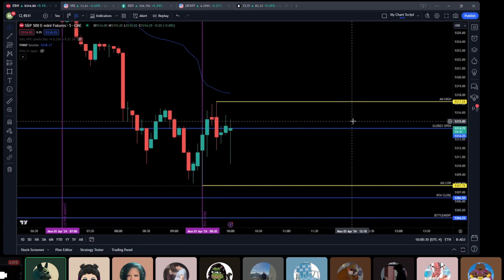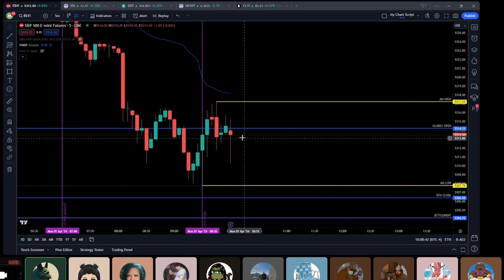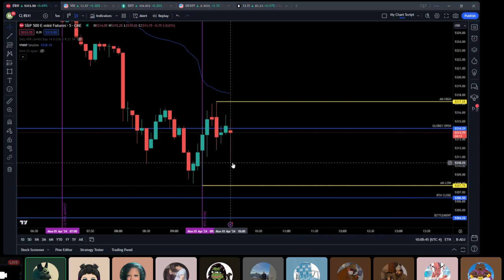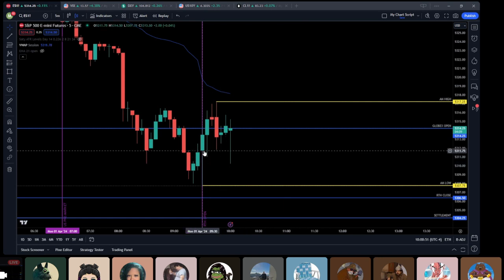It is how the market reacts to the data that truly counts. That is what we can make an actionable trade on, how the market digests that data and how it reacts to it. We see this large liquidity sweep down below, right? Went all the way down to Globex open, past our RTH opening price.